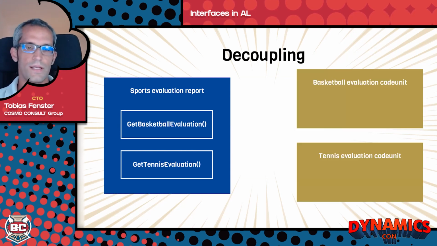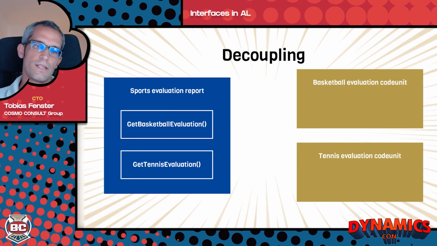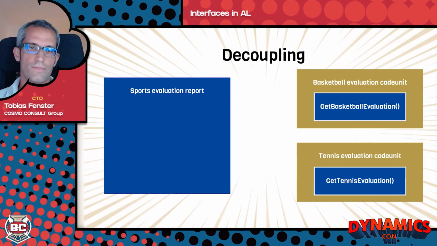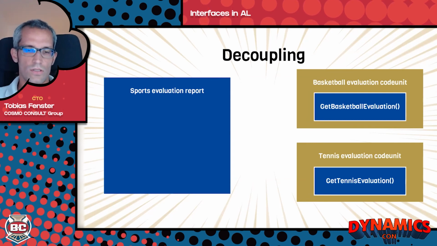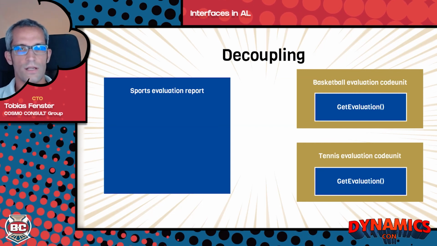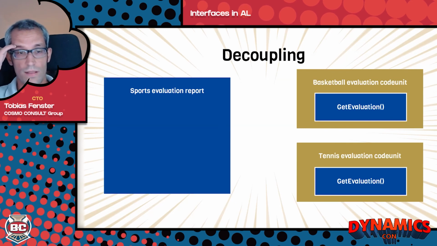So the first step in decoupling those would be moving that code outside of the actual report, of the design part, and bringing it into code units. So we have a basketball code unit, we have a tennis code unit, and we move our functions over there. Now we no longer need the different names, so we can just say both are get evaluation because it's clear one is part of basketball, the other is part of tennis, so we are there.